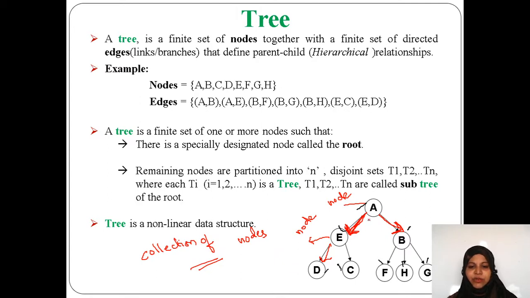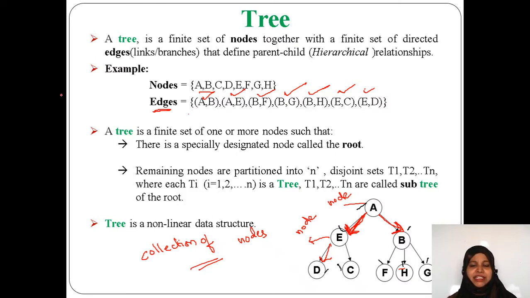In this tree, the nodes are A, E, B, D, C, F, H, G. The edges are: A to E, A to B, E to D, E to C, B to F, B to H, and B to G. All these, A, B, C, D, E, F, G, H, are nodes, and these nodes are connected by directed edges.